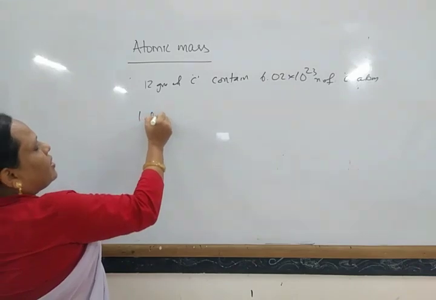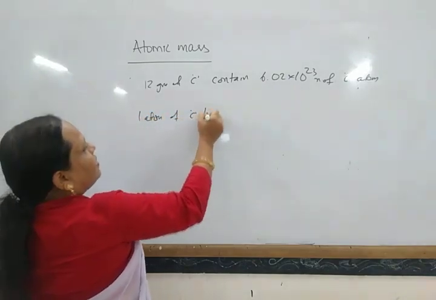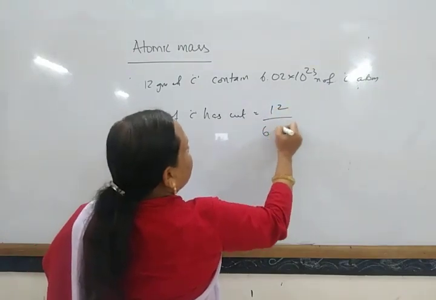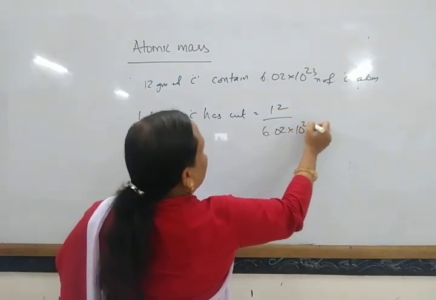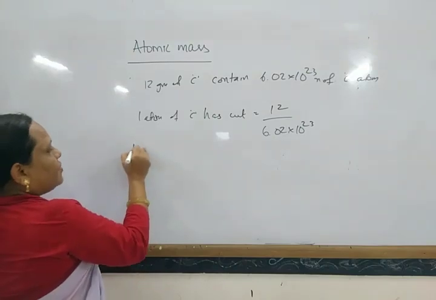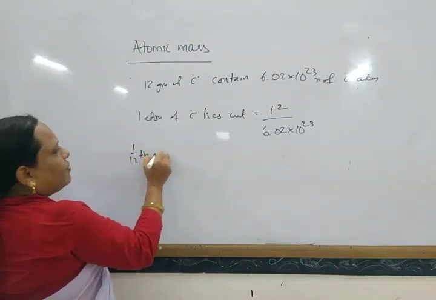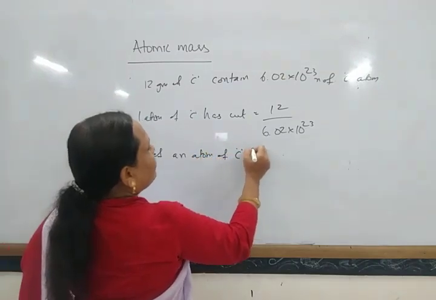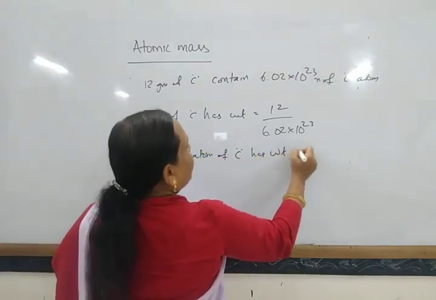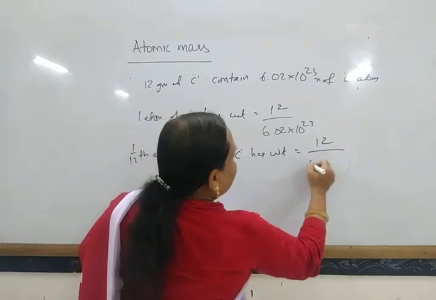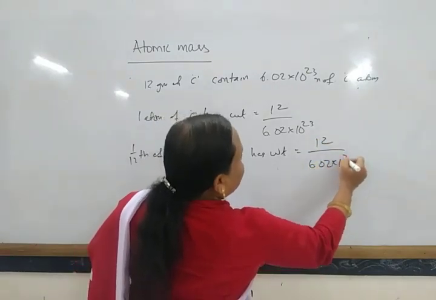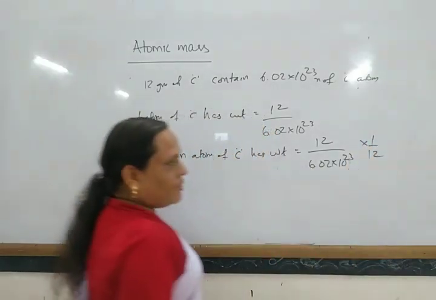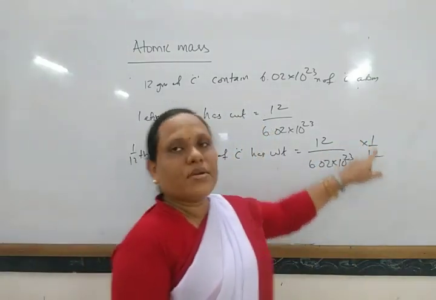Then one atom of carbon has weight 12 by 6.02 × 10^23. Then 1/12 of an atom of carbon has weight 12 by 6.02 × 10^23 into 1/12.